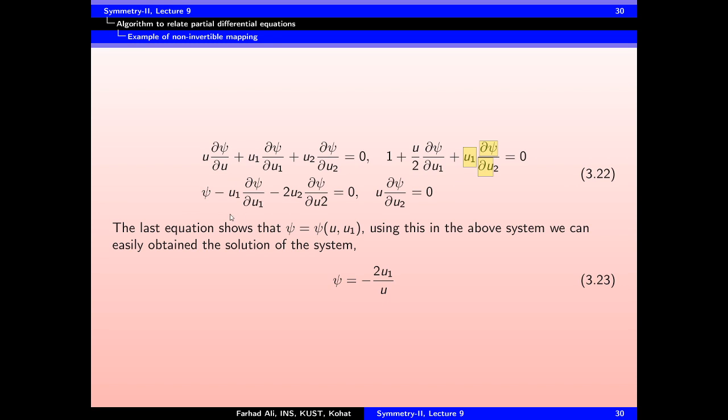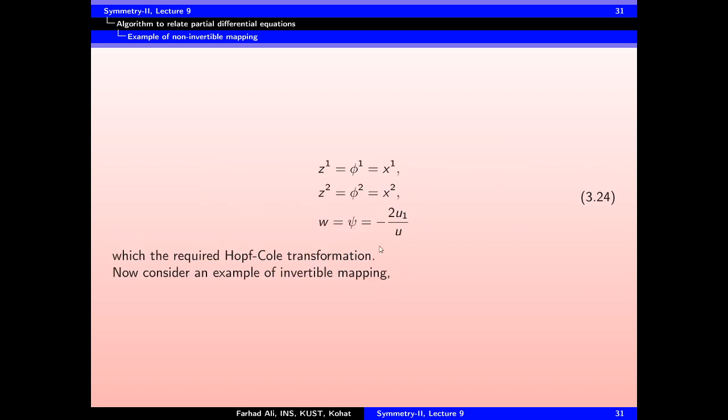And from that you can easily find that psi is in fact this function. So now we succeed in finding a mapping between the target and the given system. This is the mapping, which is called the Hopf-Cole transformation.